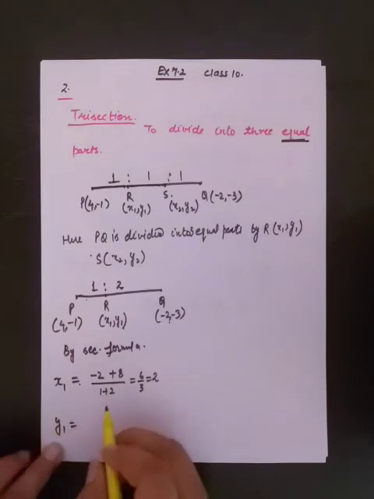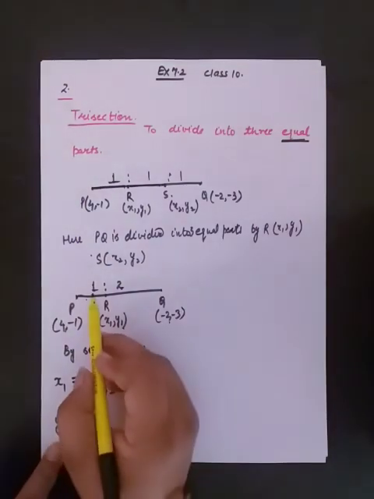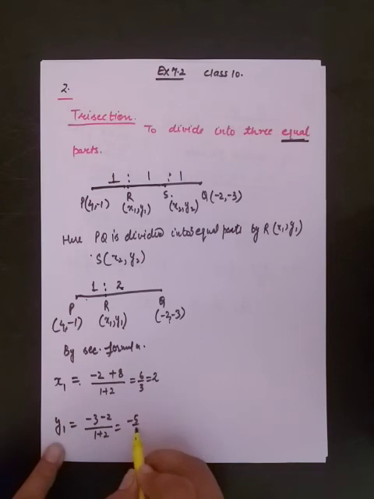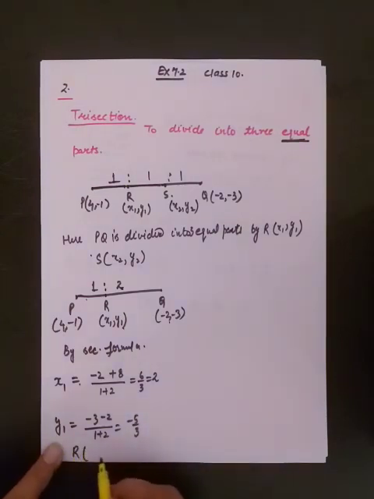Similarly, y1 will be first ratio times second ordinate -3, plus second ratio times first ordinate -1, by 1 plus 2, which will be -5/3. So point R is (2, -5/3).